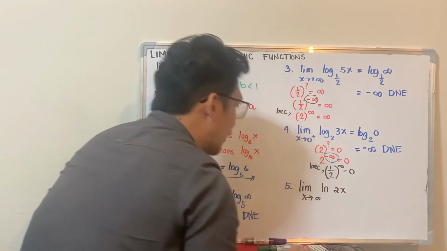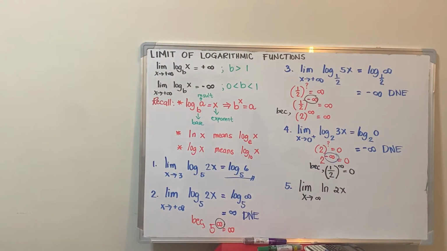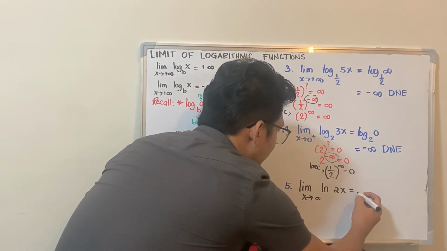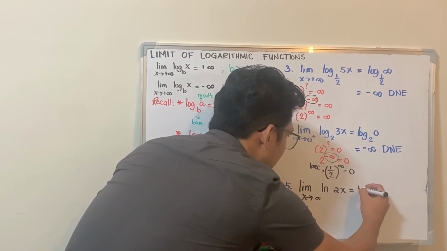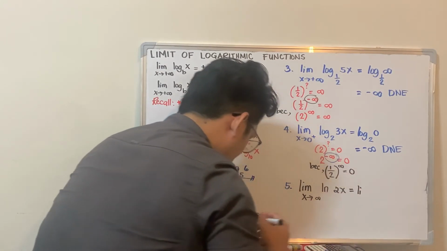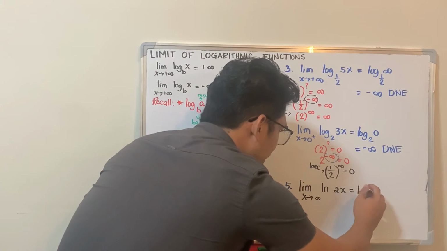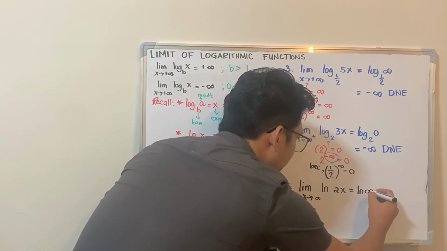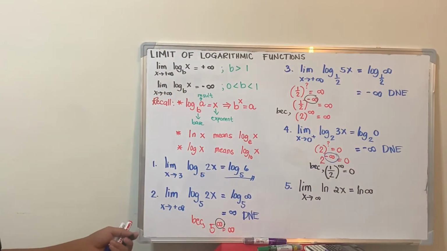If you substitute, you get ln of infinity. So what is ln of infinity?